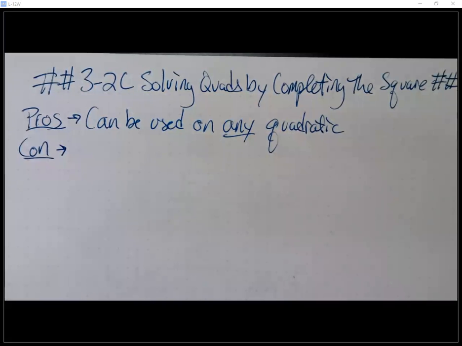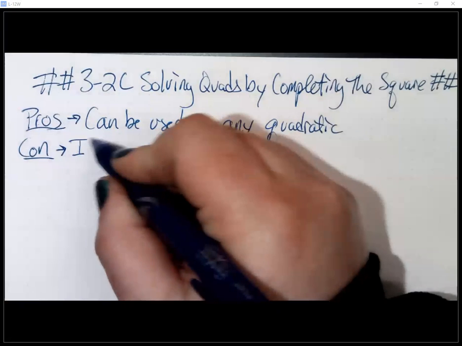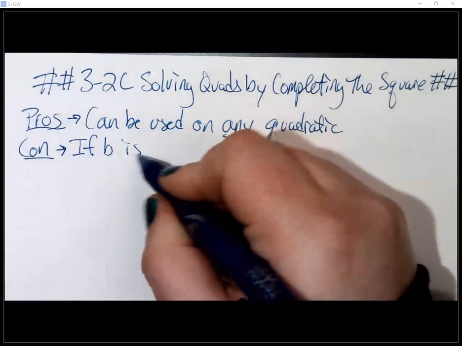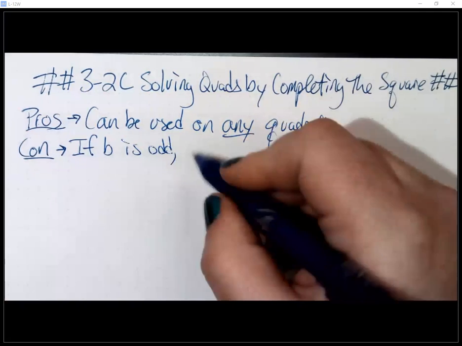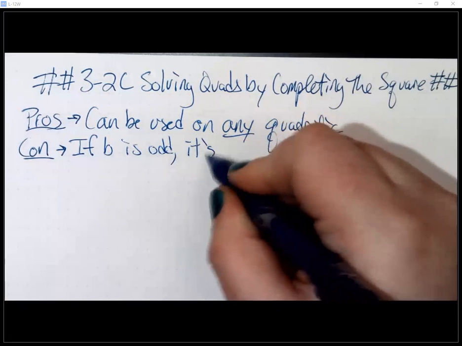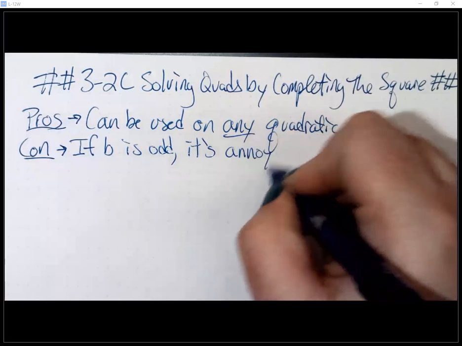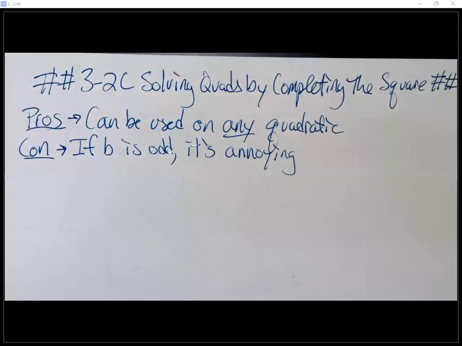You can still do it, it just becomes more complicated. So if B is odd, it's annoying. Still doable, just annoying.